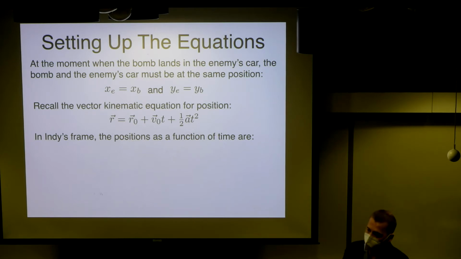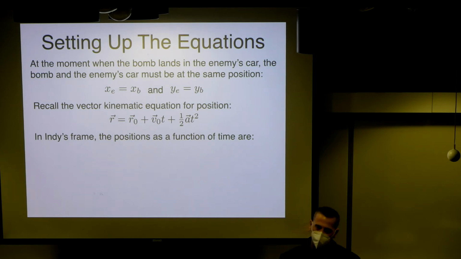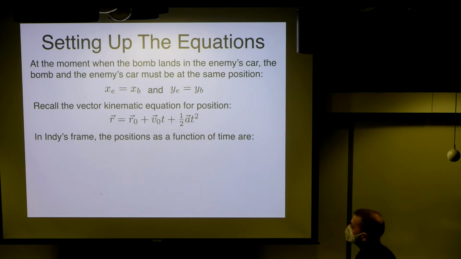All right, so remember we said, one of you came up with this already, that at the moment when the bomb lands in the enemy's car, the positions are equal, okay? But we're now dealing with two-dimensional motion, right? So not only are the x positions equal, but so are the y positions. You get that? So it's x and y both have to be equal to each other.